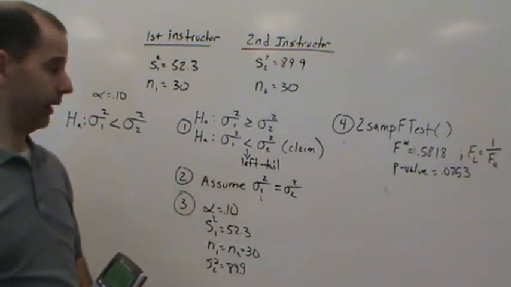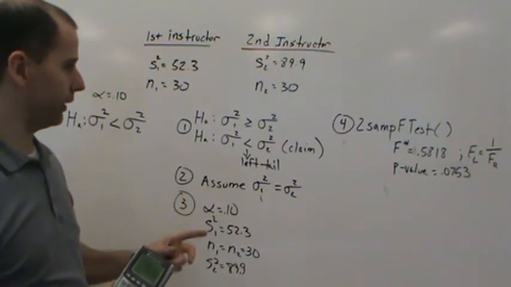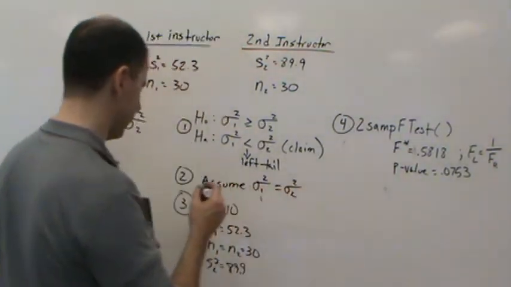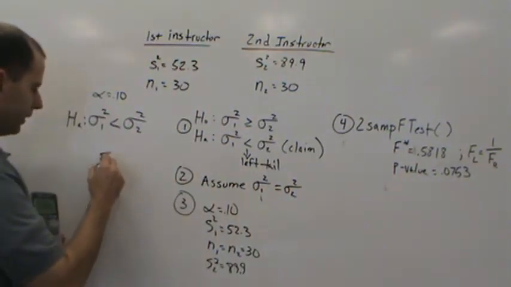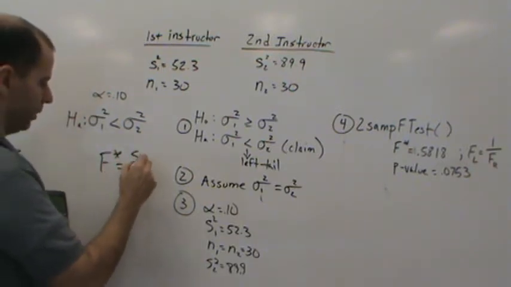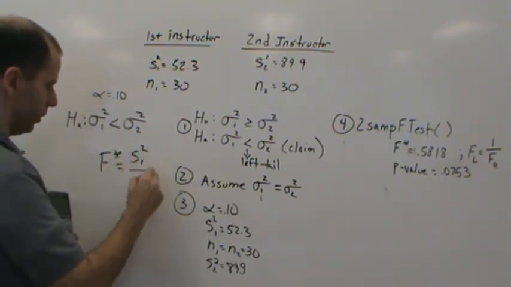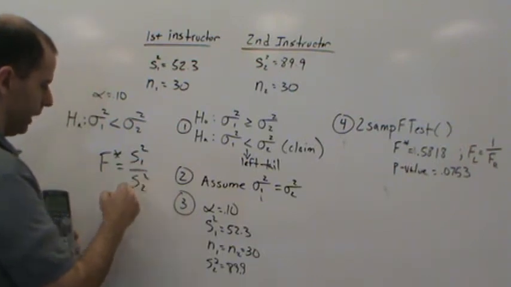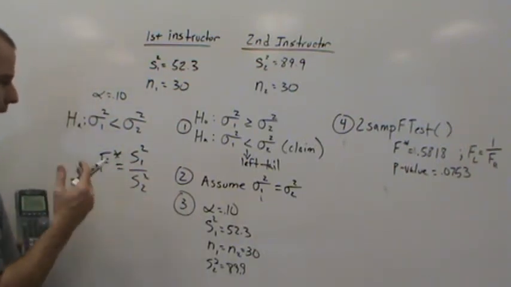Okay? So again, it doesn't matter when you calculate the F statistic, right? When you calculate F star by hand, it doesn't matter which one you put on top and which one you put on the bottom.